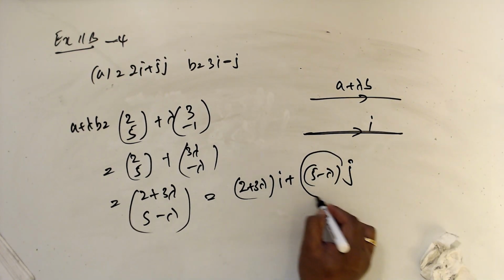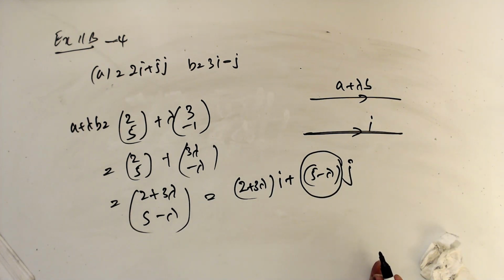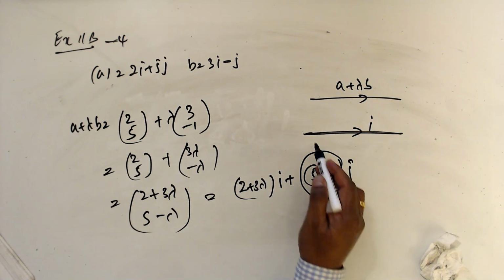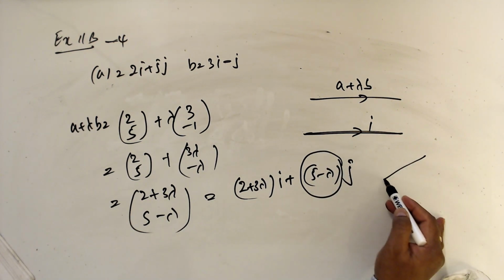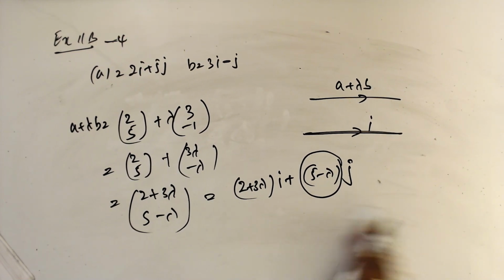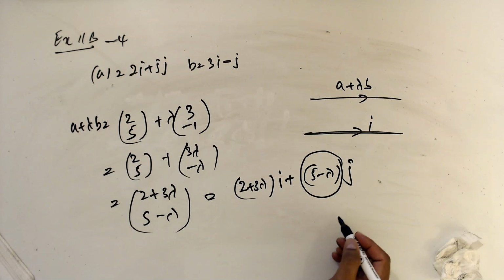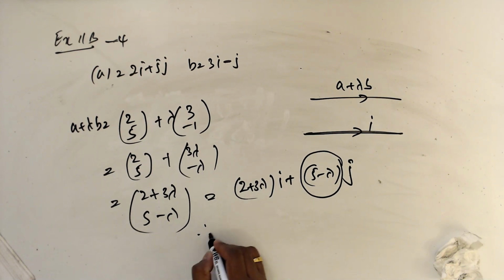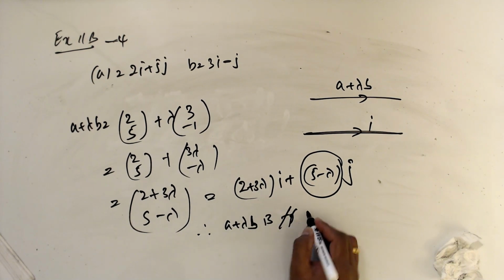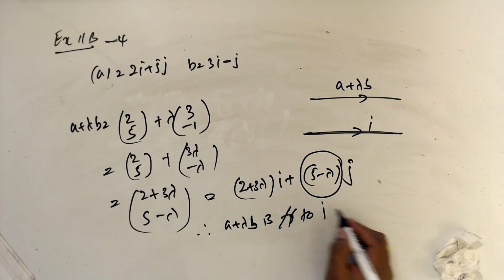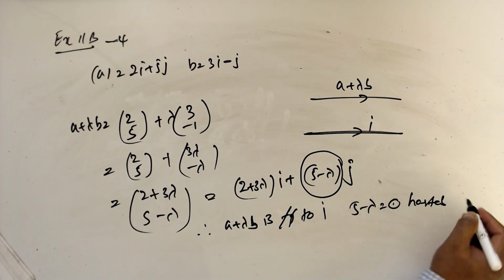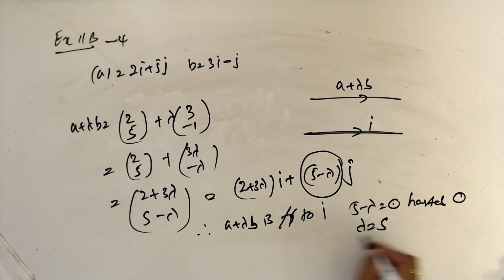This j part should not exist. If this part is more than 0, then it's going to be above or below the i direction. So since a plus lambda b is parallel to i, 5 minus lambda has to be 0, then lambda equals 5.